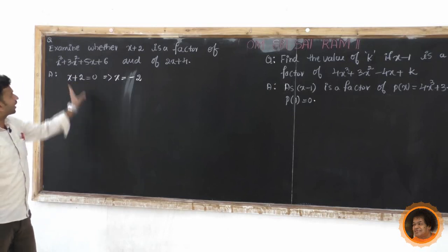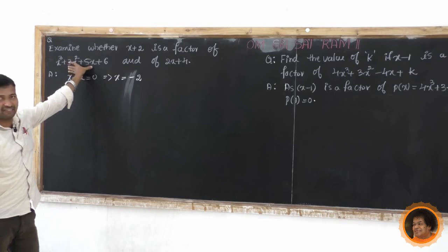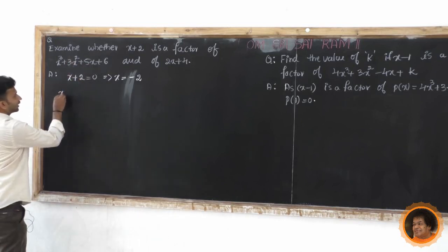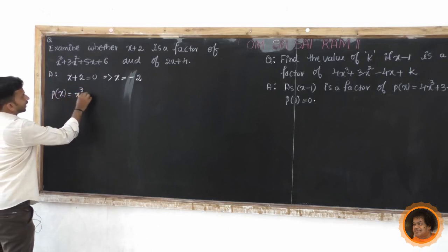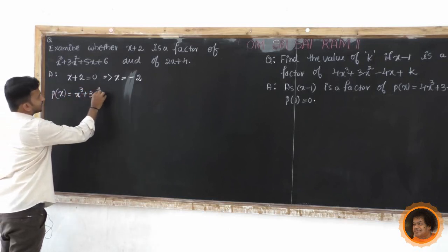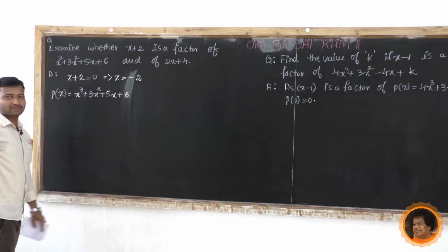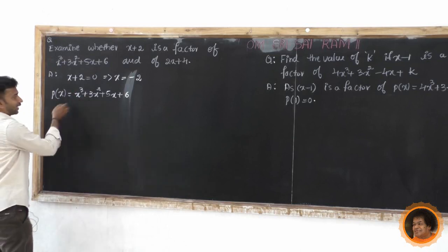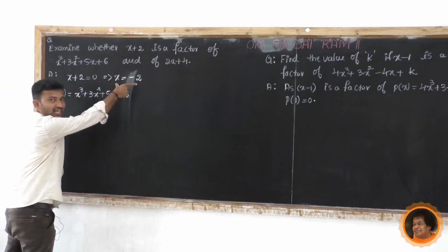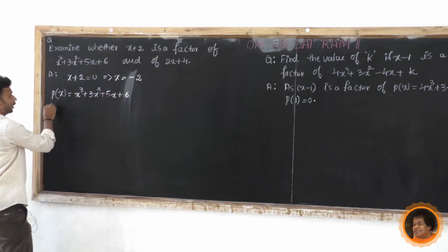Next, consider the first dividend, p of x is equal to x cubed plus 3x squared plus 5x plus 6. Next, we need to substitute x is equal to minus 2 in this polynomial.